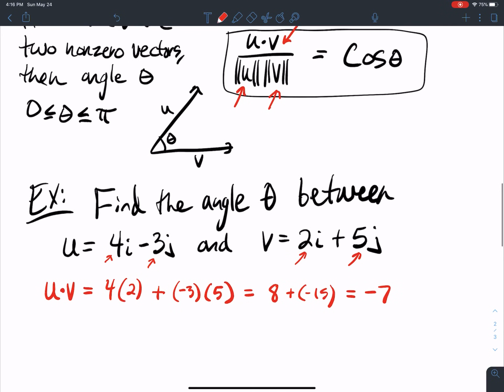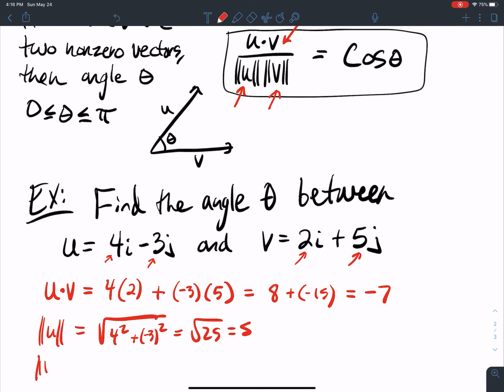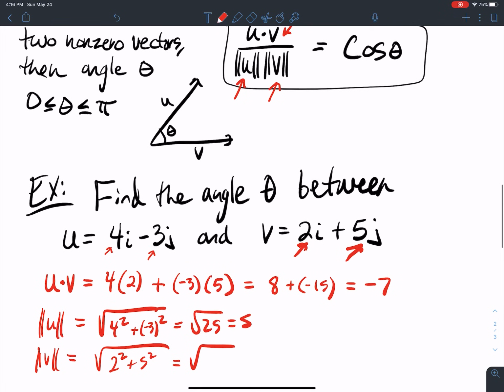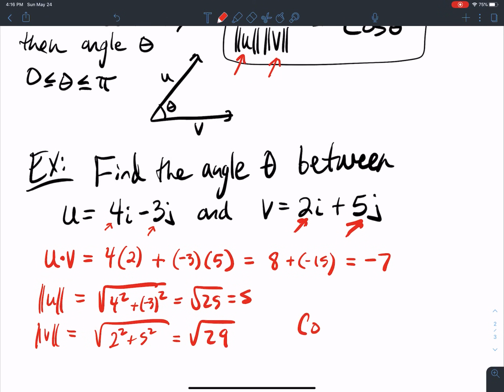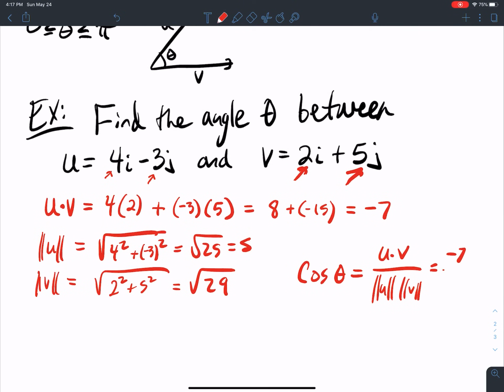Now the magnitude of u is equal to the square root of 4 squared plus negative 3 squared, which equals the square root of 25, which equals 5. And the magnitude of v equals the square root of 2 squared plus 5 squared. That's 4 and 25, which is 29. So that one doesn't work out nicely. So the cosine of theta equals u dot v over magnitude u times magnitude v, which is negative 7 over 5 square root 29.